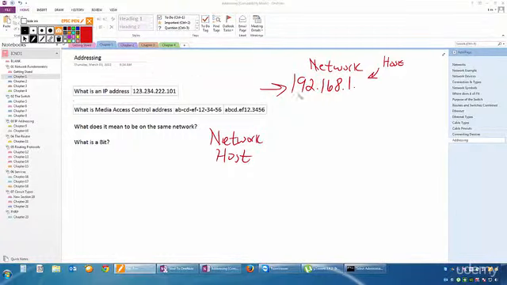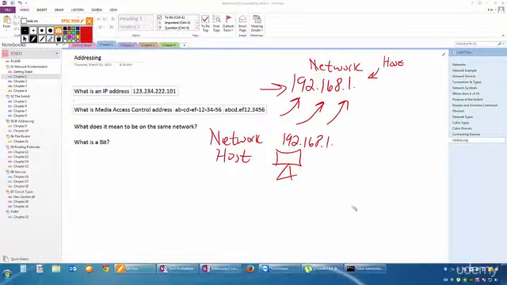So what does it mean to be on the same network? That means anyone that has these same exact numbers as the network portion of the IP address will be able to communicate. So if I have a host with a 192.168.1 network, I'll put the other number in there later on, and a 192.168.1, we'll make this 10, we'll make this 5.